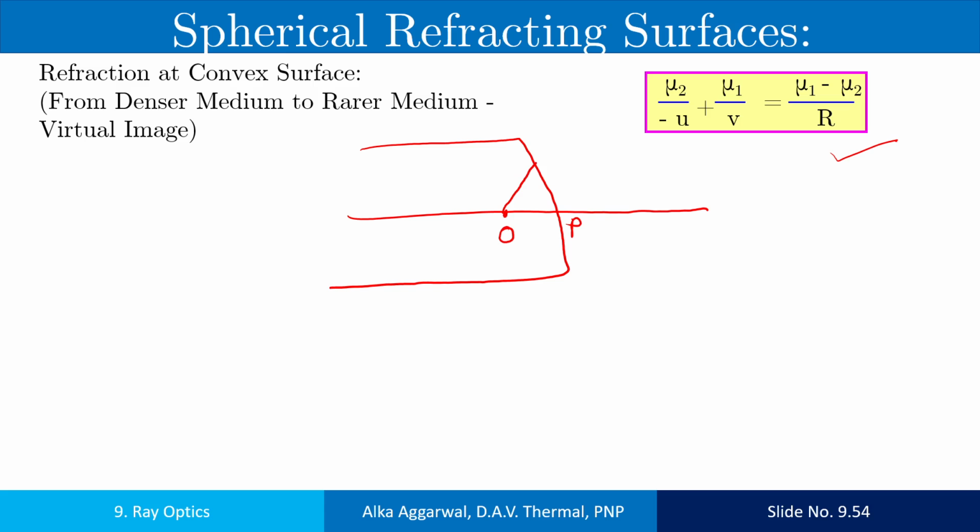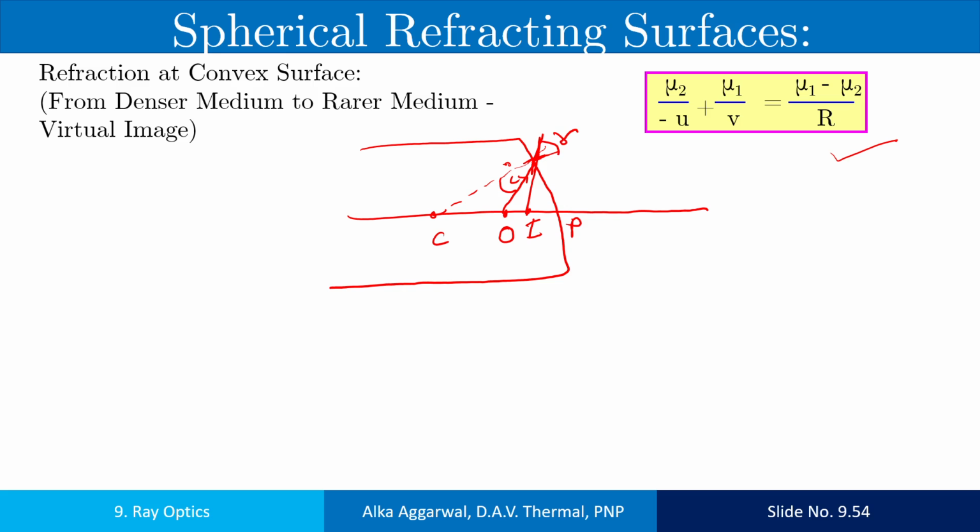It is an incident ray, and to draw the angle of incidence, join this point with the center of curvature. The angle between the incident ray and the normal is the angle of incidence. This ray bends away from the normal, so this will be the position of the image. And the angle between the refracted ray and the normal is the angle of refraction.